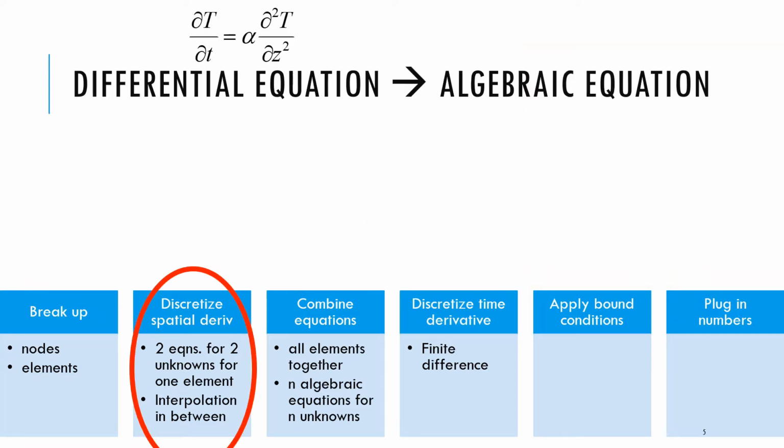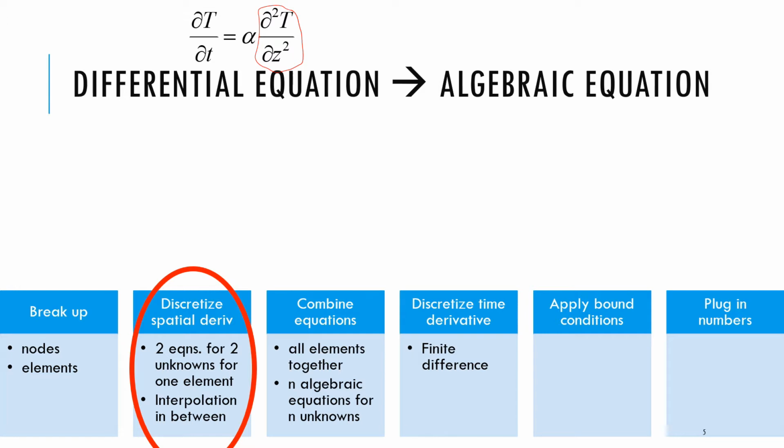We will discretize the spatial derivative, that's this one, and convert it from a differential form to an algebraic equation. For one element, and we're going to do that for one element. So for one element, it has 2 nodes, so there are 2 unknowns.